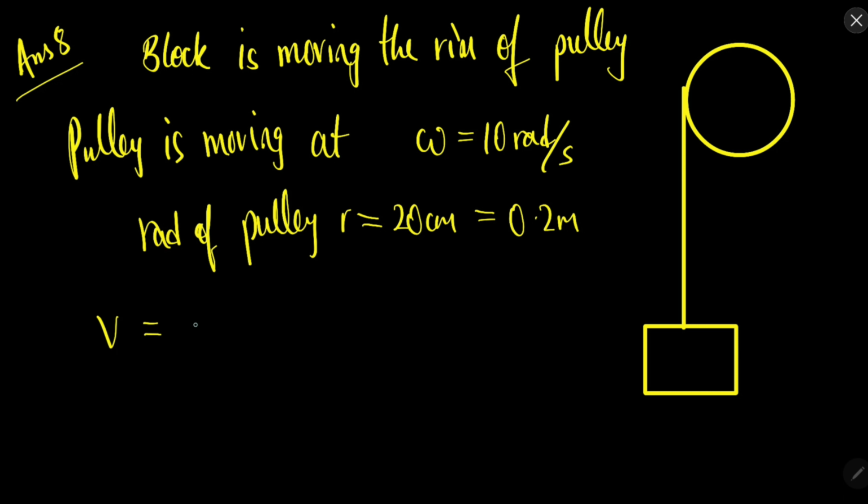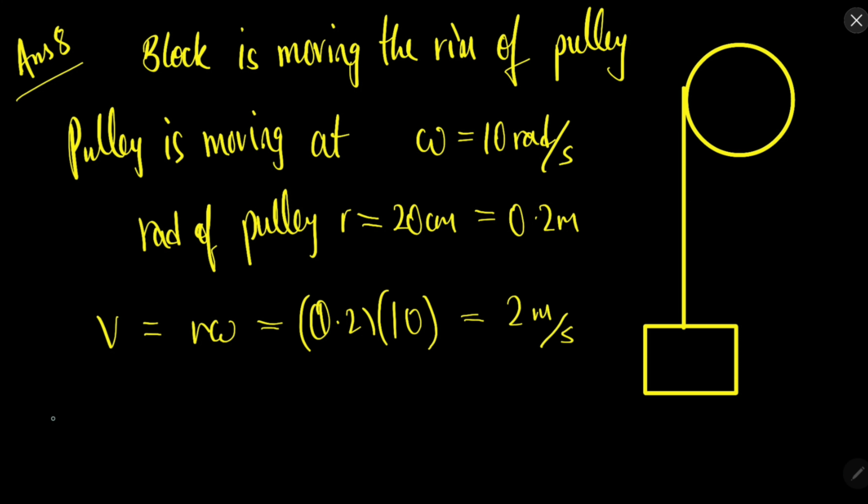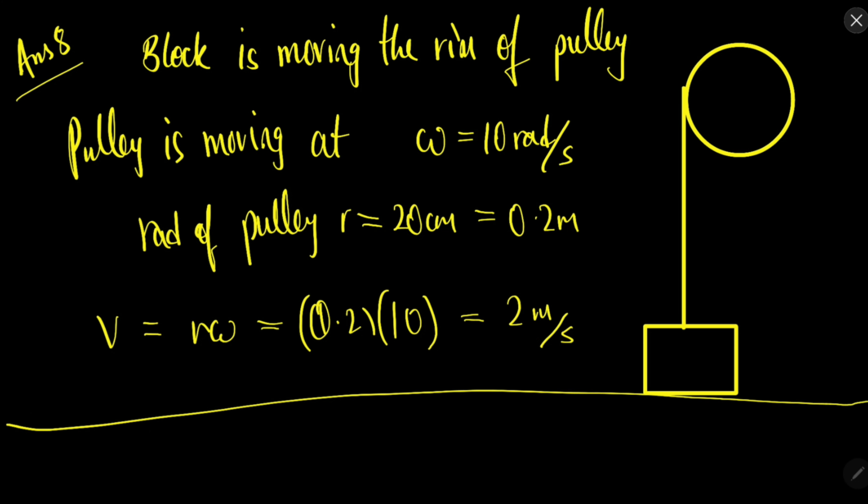So the linear velocity will be r omega or omega r, that is 0.2 into 10. It will give you 2 meter per second. So again, this is quite straightforward.